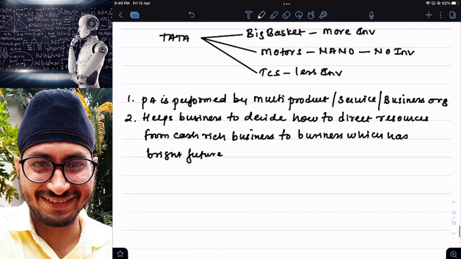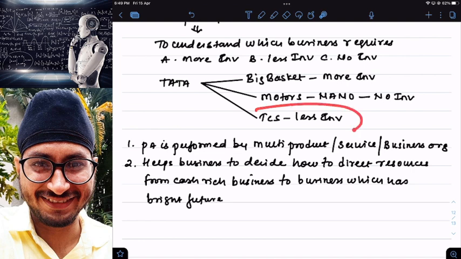Like in case of Tata, TCS is a very cash-rich business. So TCS is generating very huge revenue for whom? Tata. I repeat, TCS is generating very huge revenue for Tata.